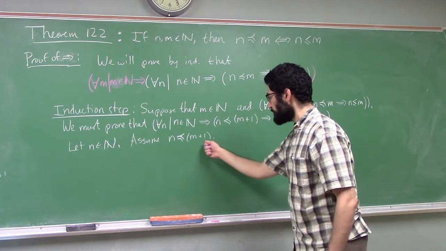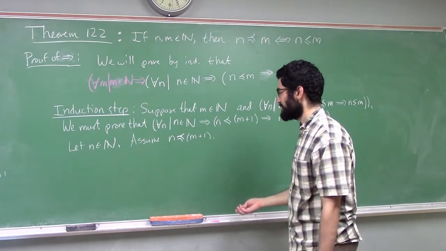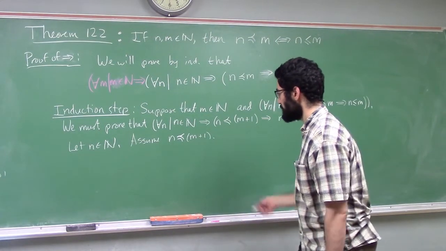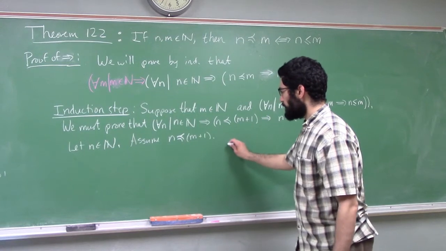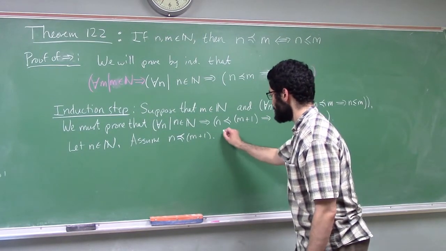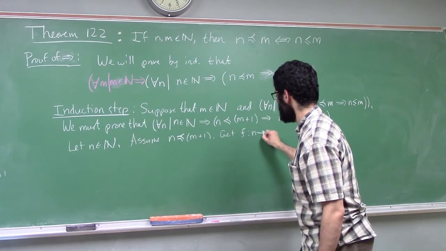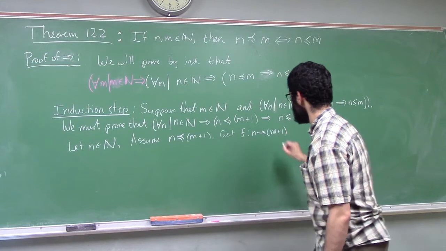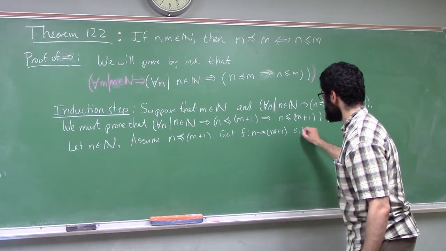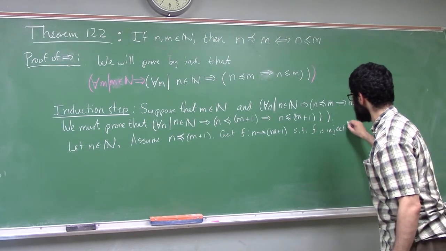Remember that m plus 1 is the same as what I've been writing as next m, but now I can write m plus 1 since we have plus available. Okay, this means there's an injection from n to m plus 1, so let's get one. Get f from n to m plus 1 such that f is injective.